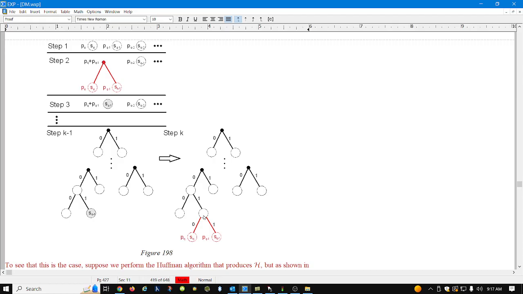And so to get to the average code word length of H prime, that's going to be from this tree. This vertex now represents a code word, so we need its path length. So we give up these 2 path lengths, but acquire this path length.